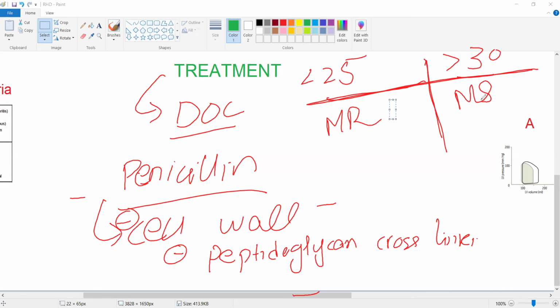Okay, so what are the side effects of penicillin? Hypersensitivity reaction, interstitial nephritis, right?